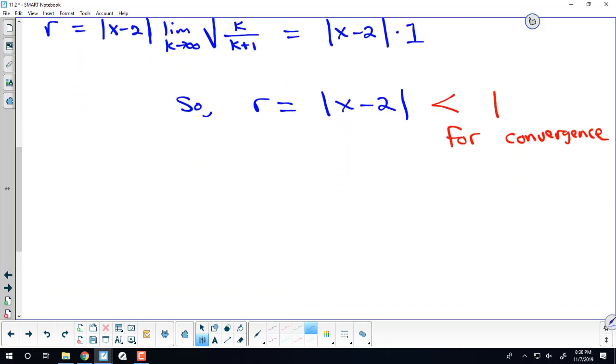Which means that x minus 2 has to be less than 1, but greater than negative 1. Or x less than 3, greater than 1.